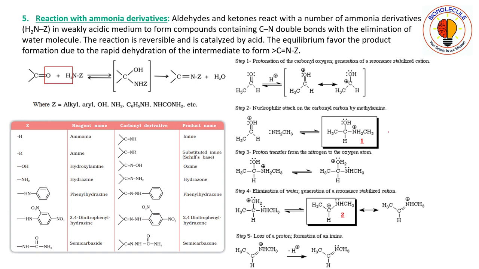So you can see that if the reaction medium is strongly acidic, then the second step will not occur and thus the rest of the steps will not take place. And if the reaction medium is weakly basic or strongly basic, then this first step will not occur.